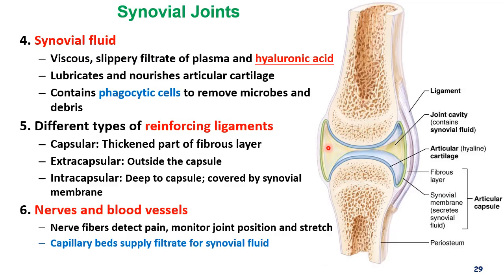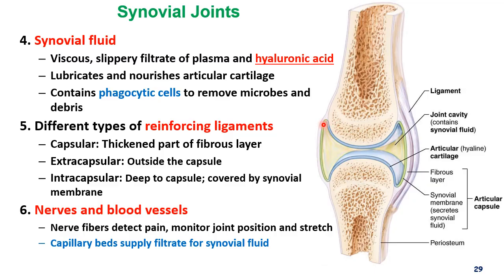All right. So besides your fluid, you're also going to have several ligaments that are going to go around the joint to protect it and give it stability. Okay, so you have reinforcing ligaments. Okay, so besides that, at the outside part of the joint, you are going to have blood vessel supply and you are going to have nerve endings, not inside of this fluid-filled space, but right on the outside of that coating.